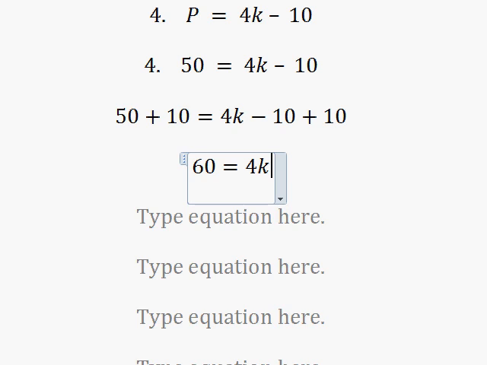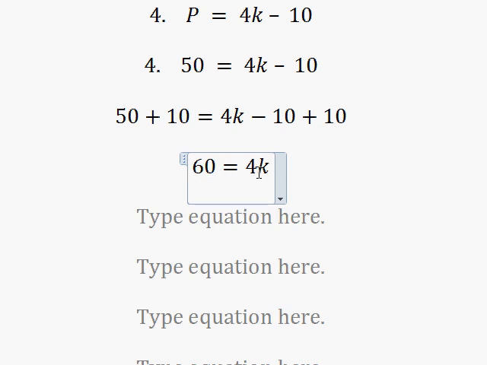I told you earlier that the inverse of multiplying is dividing. So the way to cancel out 4 multiplied by k will be to divide 4k by 4. Also remember, to keep the left expression equal to the right expression, to keep 60 equal to 4k, you'll also need to divide 60 by 4 as well.